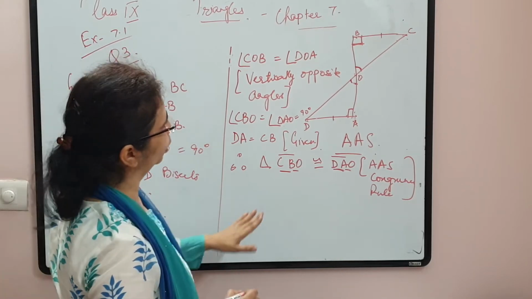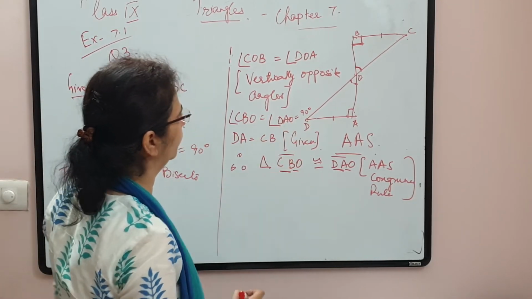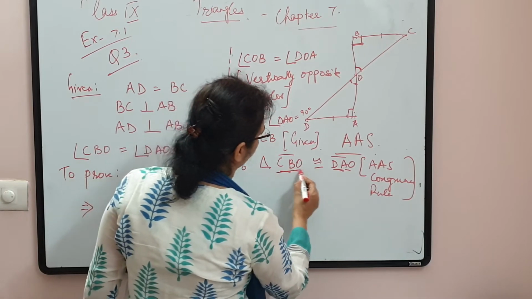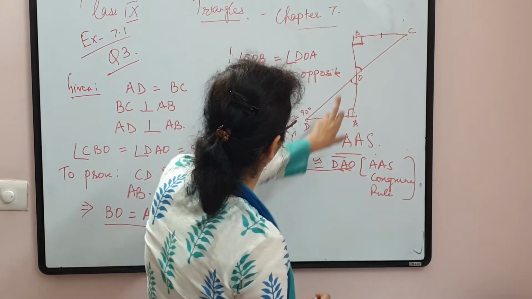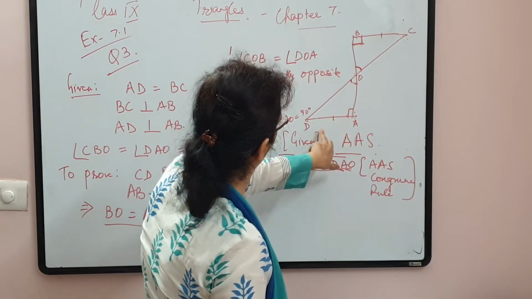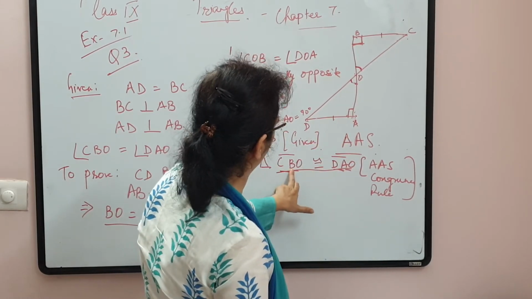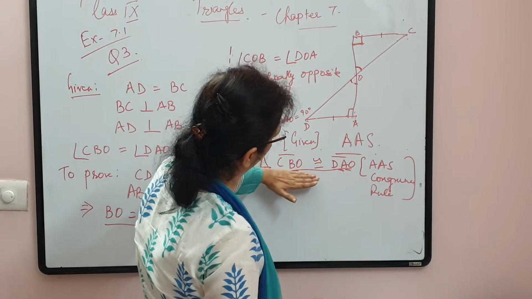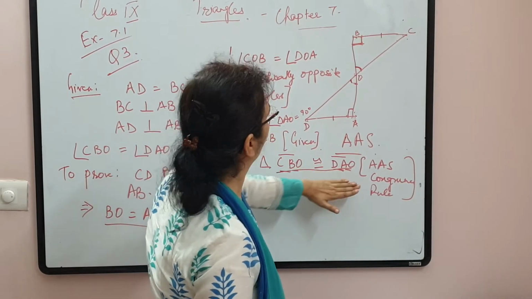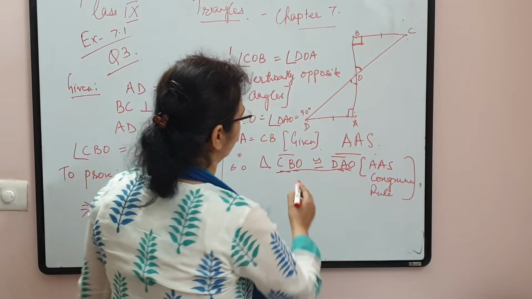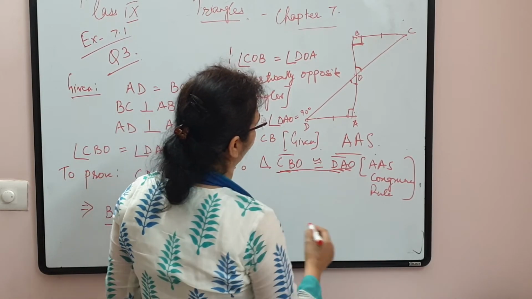Now that you know that two triangles are congruent, we are checking whether we have written all this in the right order. How do you check that? CB is equal to DA. That means this order is correct. CBO and DAO. What more can you check?